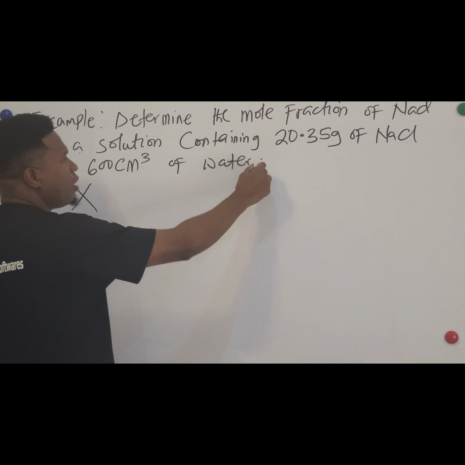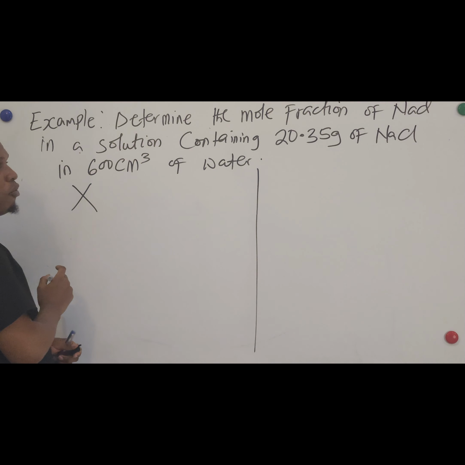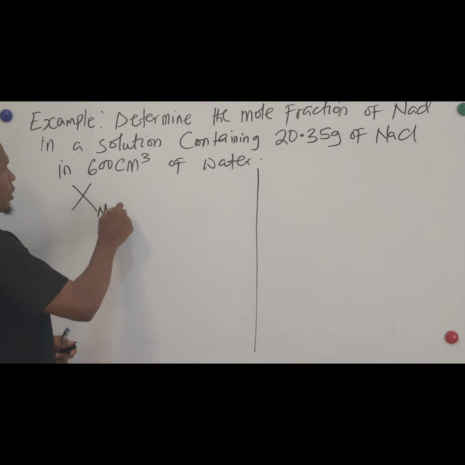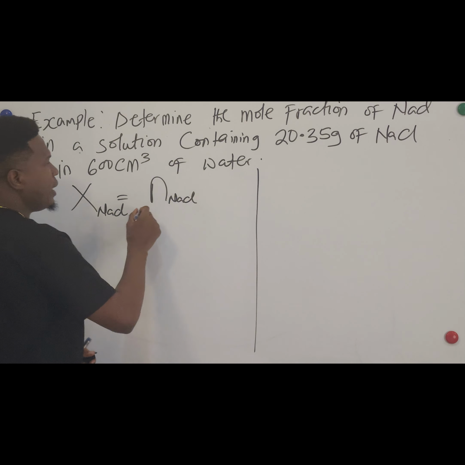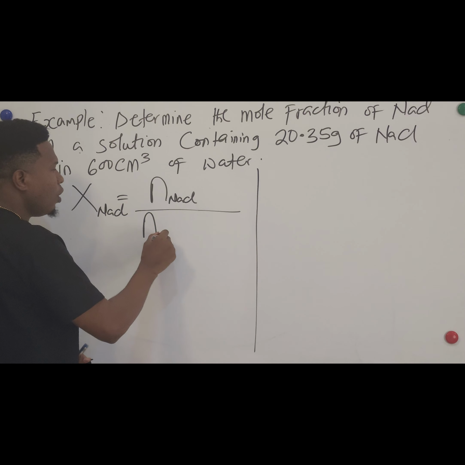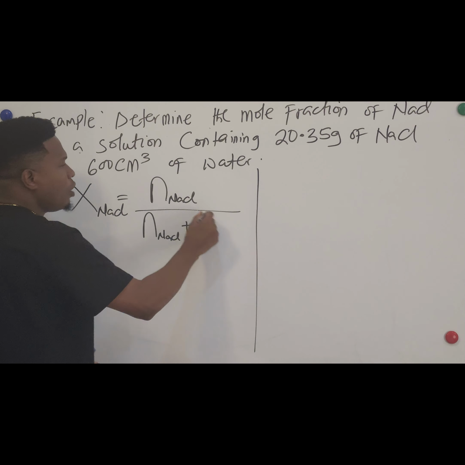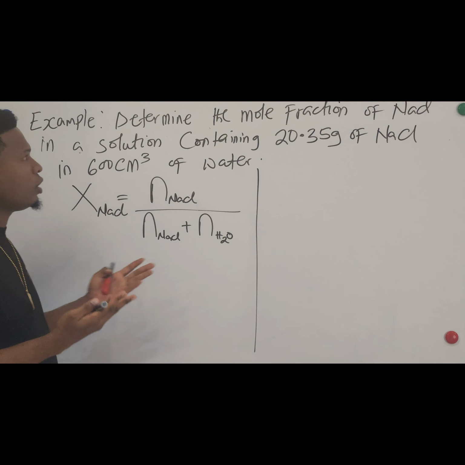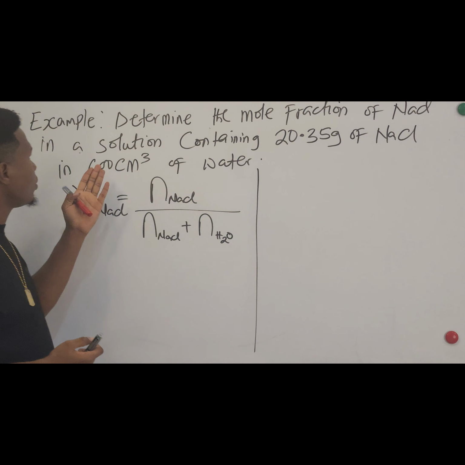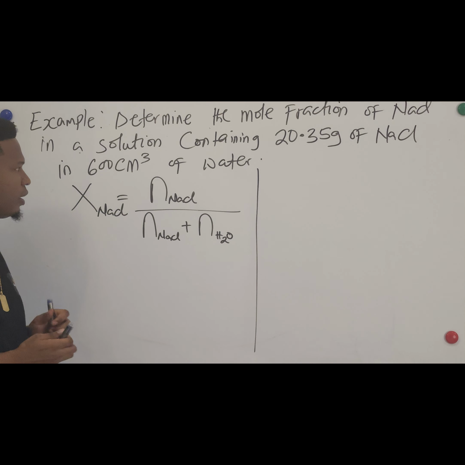We are looking for the mole fraction of sodium chloride. It should be the number of moles of sodium chloride divided by the number of moles of sodium chloride plus the number of moles of water, because we only have two things in the solution: sodium chloride and water.